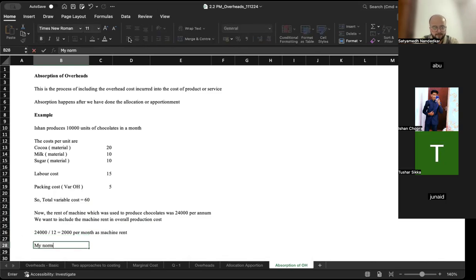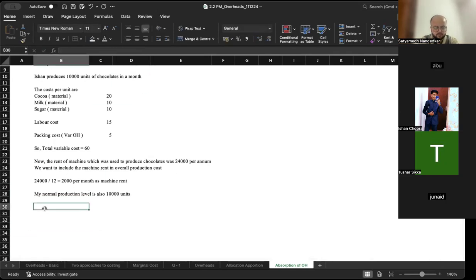Okay, now my normal production level is also 10,000 units.